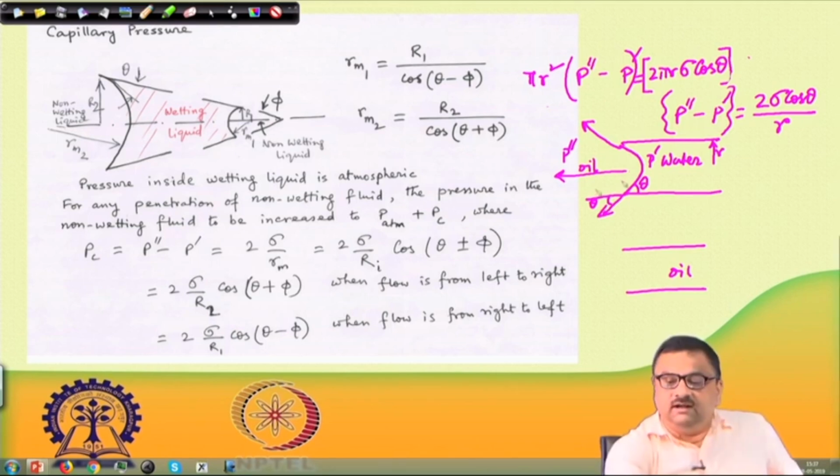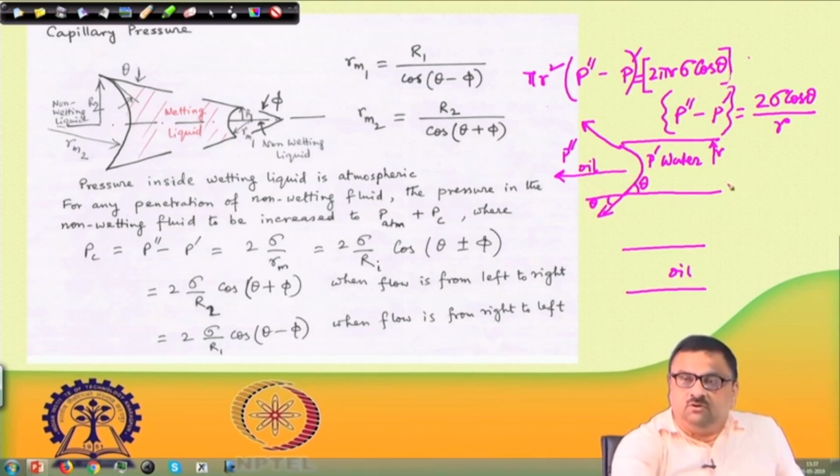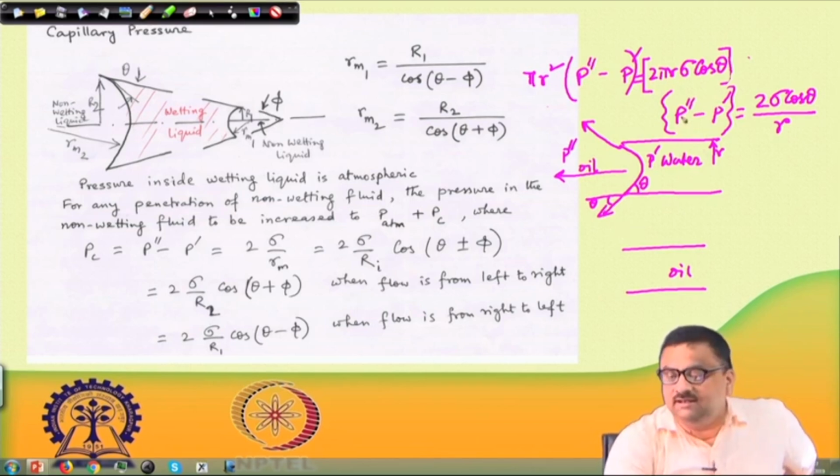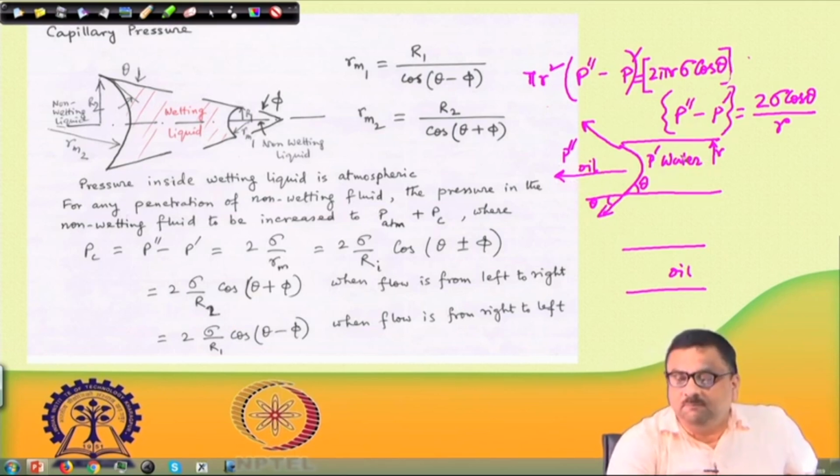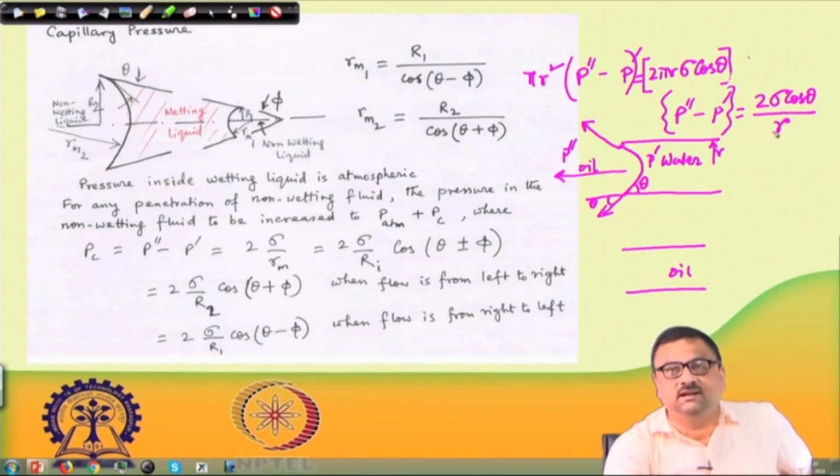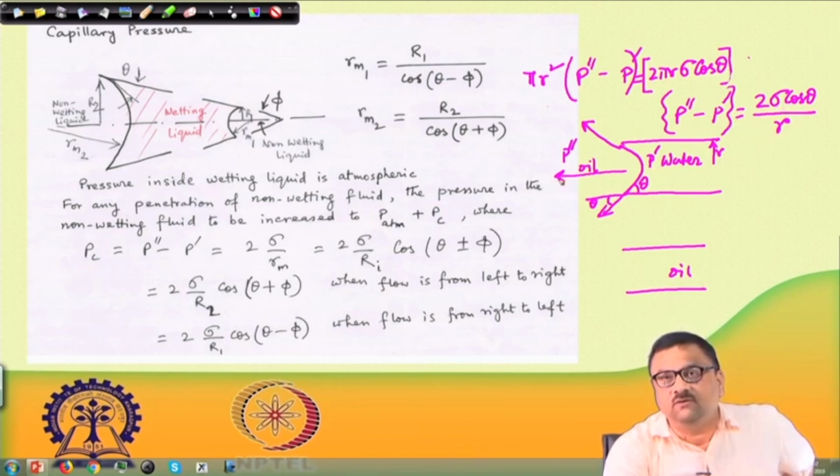Though I have a pressure gradient from this side to that side, there will be no flow. The flow will only set in when the pressure on the oil side is the pressure in water plus 2 sigma cos theta by r, then only there will be flow from this side to that side.